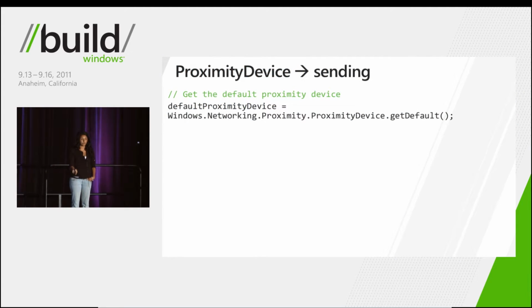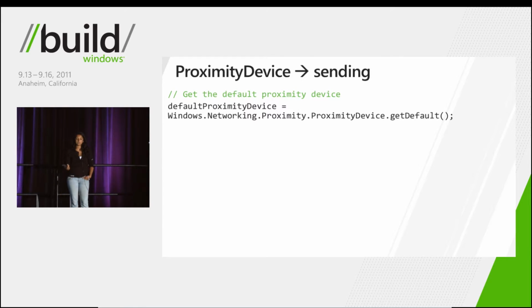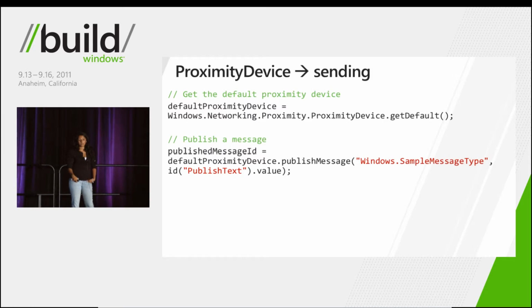So let's take a look at the code. The first step, same as what we showed you before, is getting the default device. But in this case, it's a little bit different because you're going to actually be publishing a message and subscribing to a message with that device. In order to publish a message, it's a really simple API call. We're just going to go ahead and say default proximity device.publish message.